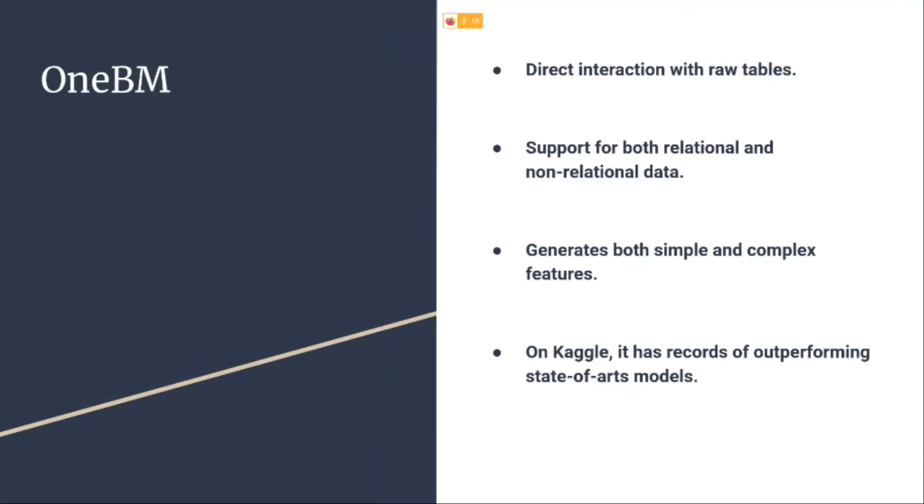It works on both relational and non-relational data, and generates both simple and complex features, whereas Featuretools generally generates very complex features and is very complex to use. Though this is complex to use, it can generate simple features as well, and it performs really well because it directly interacts with raw data or raw tables.